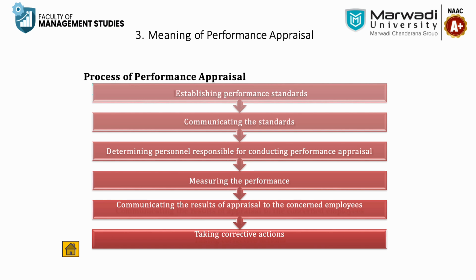There is one method which is called annual confidential report, which was used to assess the performance of individuals, and it was used in government organizations also for government employees. In this kind of method of performance appraisal, the report is kept confidential.